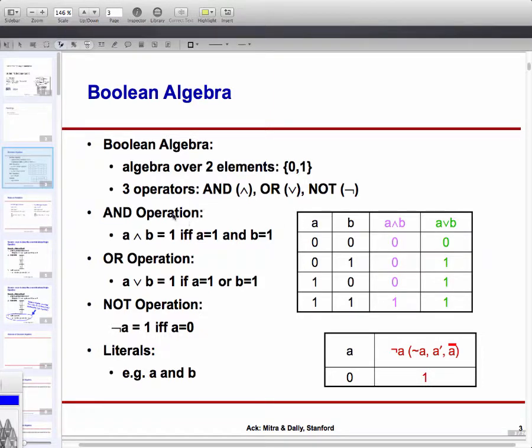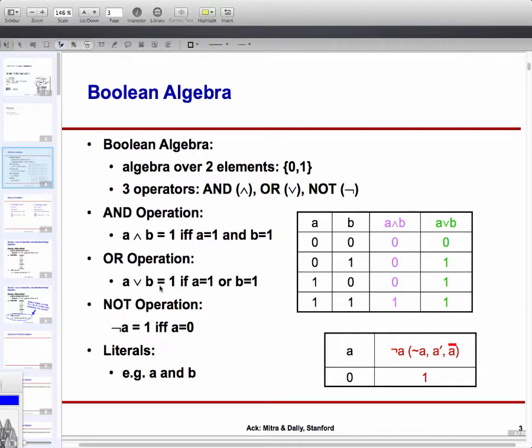An AND operation is simply the following. If I have two variables, A and B, then A and B is 1 if and only if A is 1 and B is 1. This is exactly our AND gate that we saw earlier on. What that means is if A and B are my two inputs, then A and B is 1 only if both A and B are 1. The bottom row out here shows that.